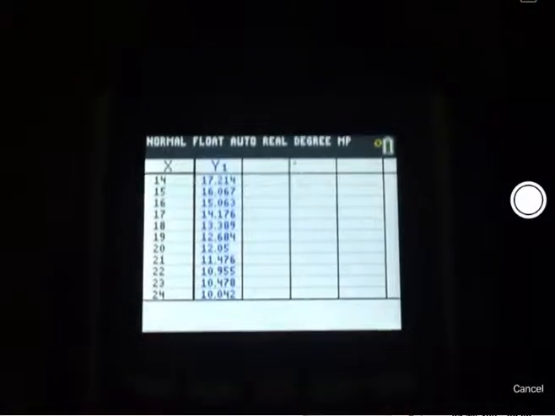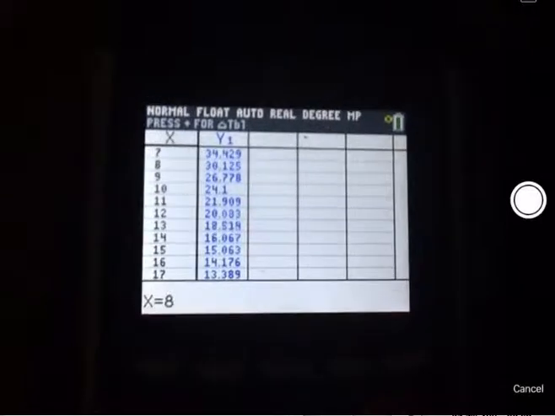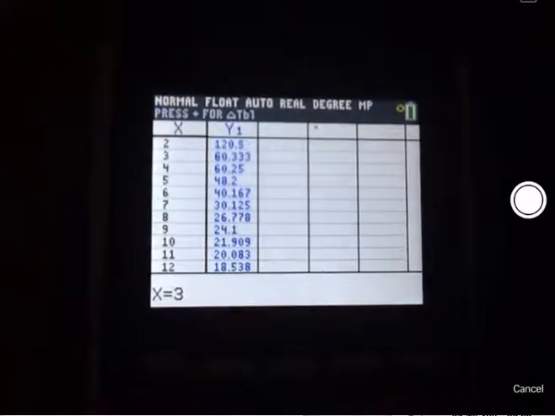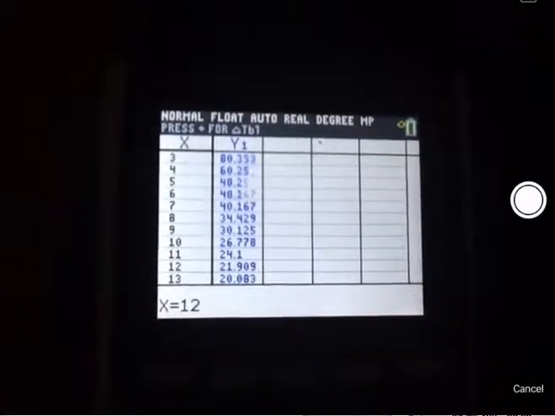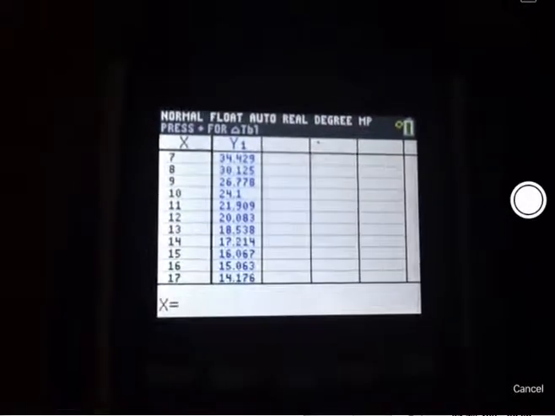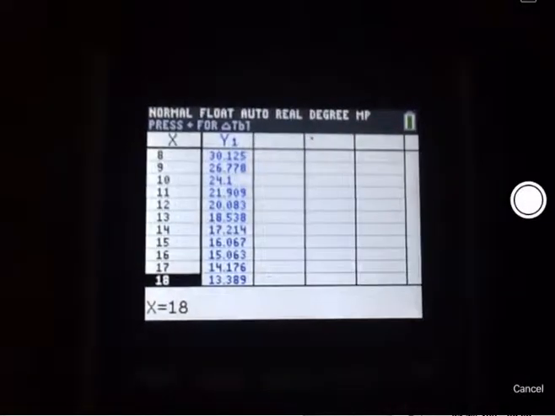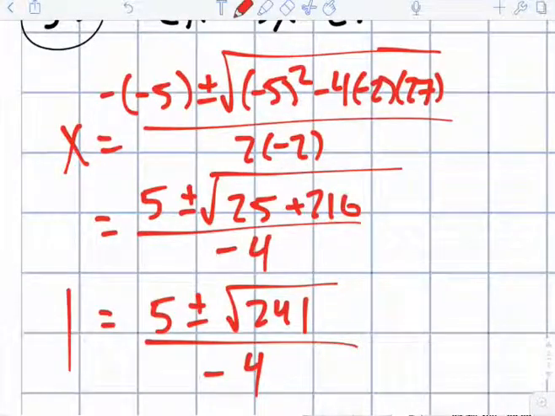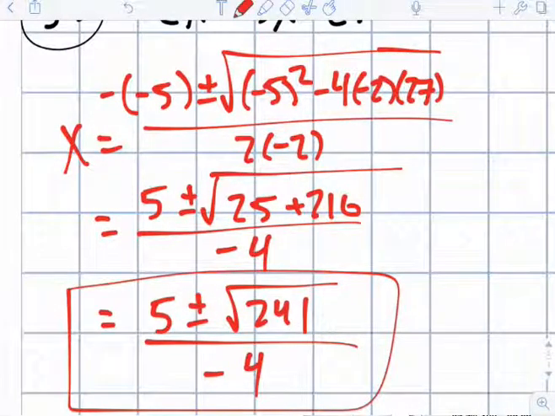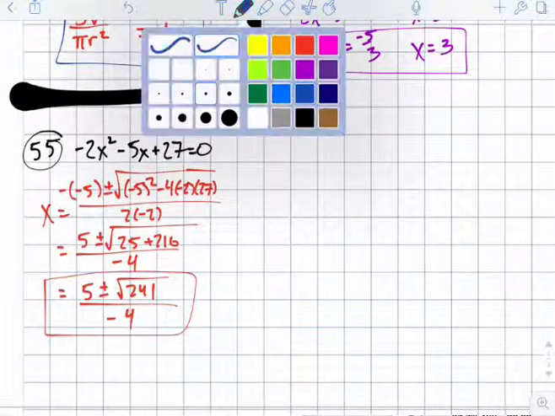Right there. And then you can just scroll through. You can find factors, if there are any. It might be prime. 1 times 241. Doesn't look like there are any factors, because we switched from going smaller to larger. So no factors of 241. Okay, so that's done using the quadratic formula. All right, so that is solving quadratics.